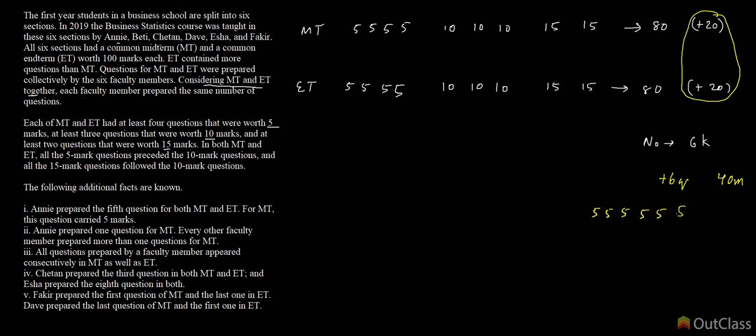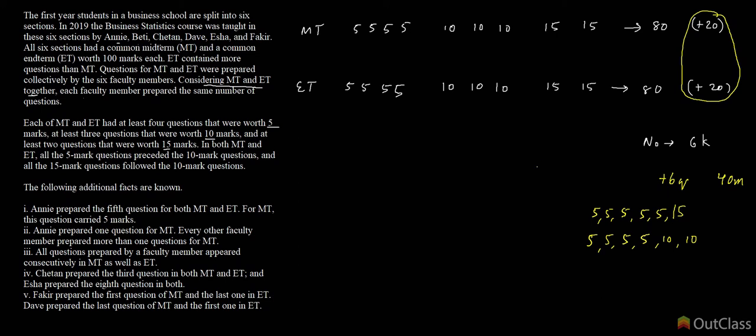We can either substitute a 5 with a 15 to pull the total up to 40, or you can substitute 2 of the 5s with 10s. So these are the 2 candidate solutions we have for the remaining 6 questions. These are the only possibilities, and only one of them will work with the data given. That we'll have to check.